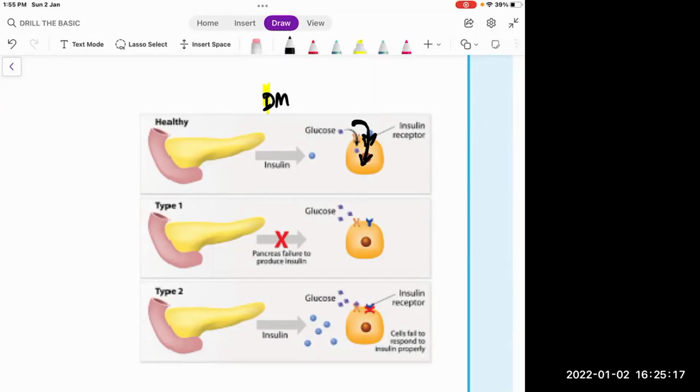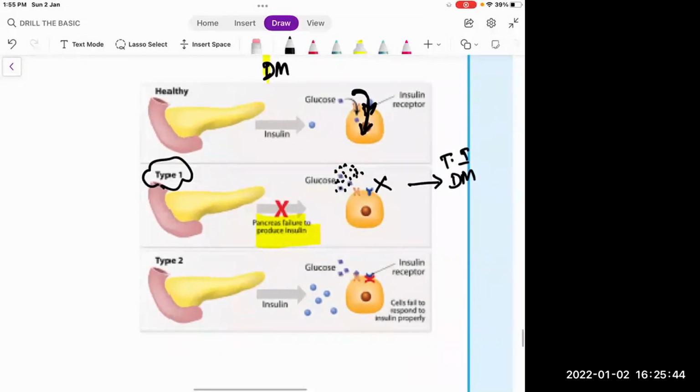But in case of type 1 diabetes mellitus, the pancreas fails to produce insulin. So there is no insulin acting on the receptor, and glucose remains in the blood itself, leading to diabetes mellitus type 1.